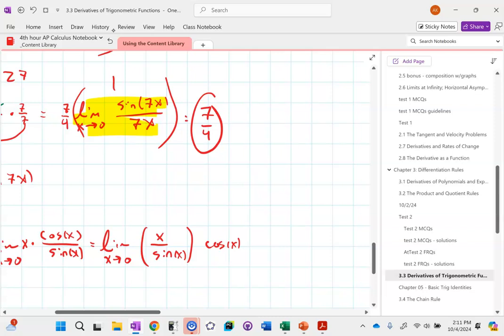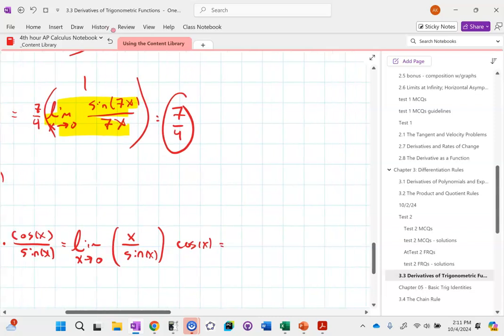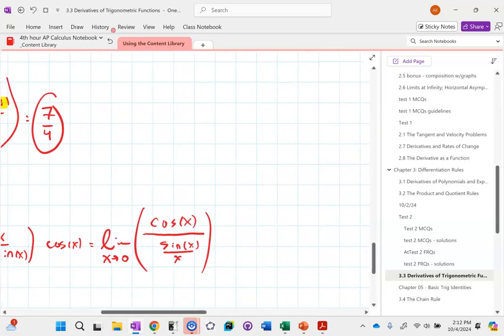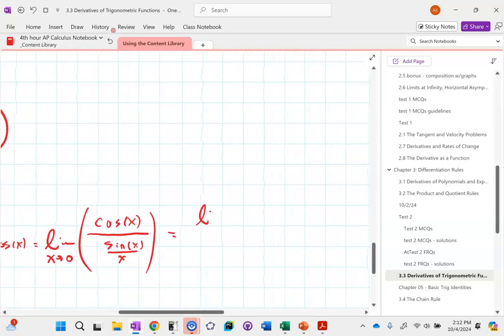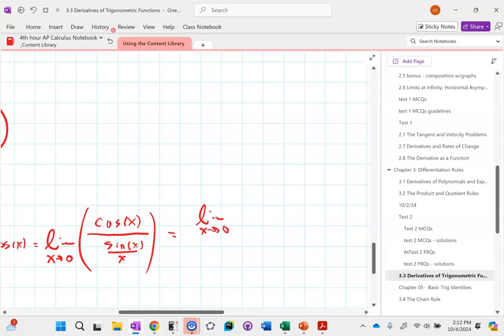So what I'm going to do is write it as a division problem, because I know that dividing by a fraction is the same thing as multiplying by its reciprocal. That is some sneaky stuff right there. And then I can just push my limit into the numerator and denominator separately.